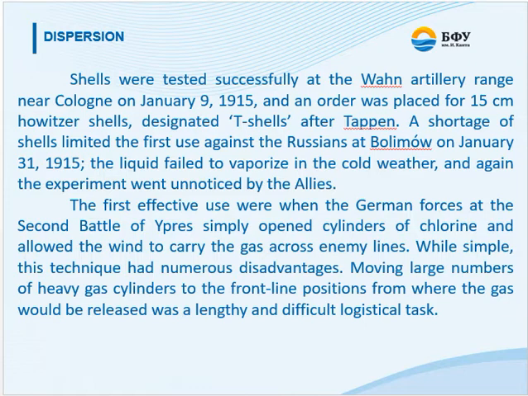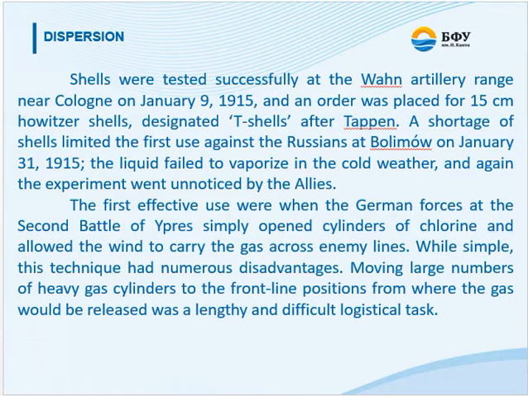The first effective use was when German forces at the Second Battle of Ypres simply opened cylinders of chlorine and allowed the wind to carry the gas across enemy lines.